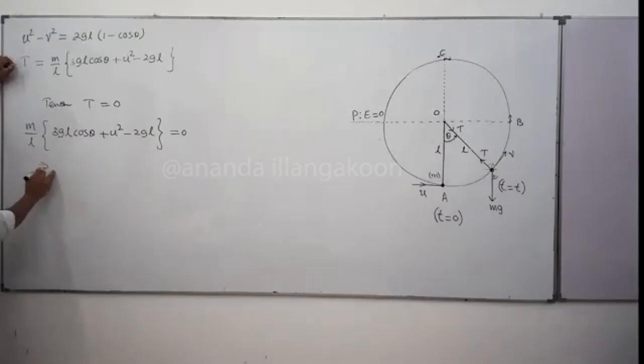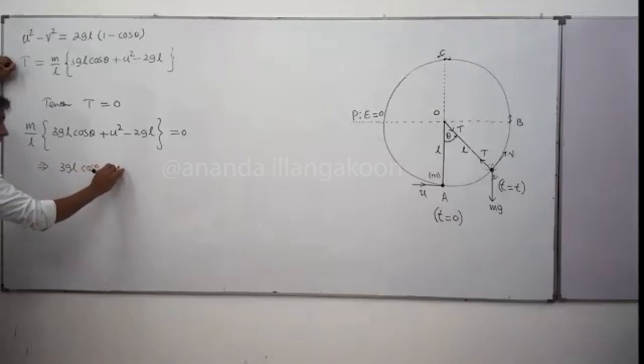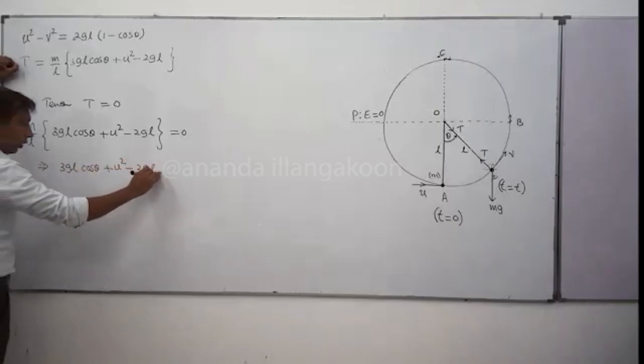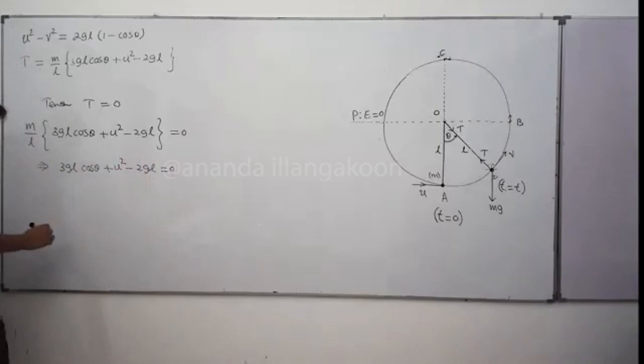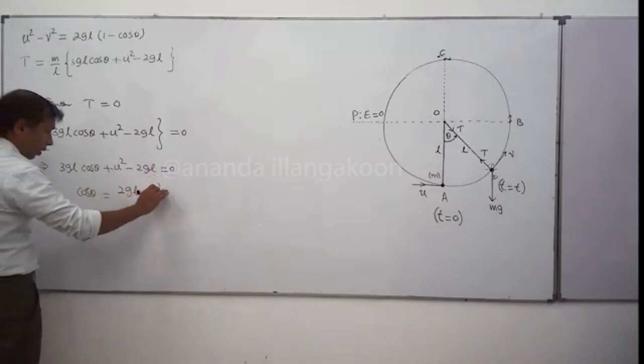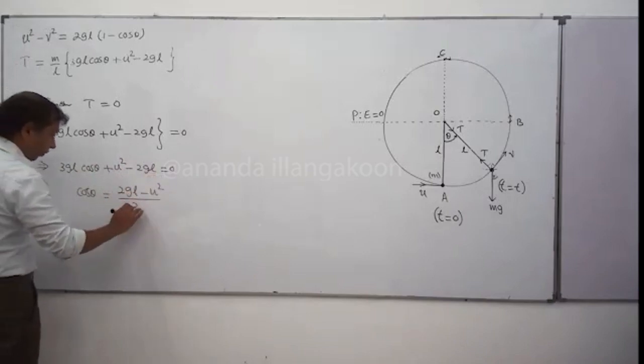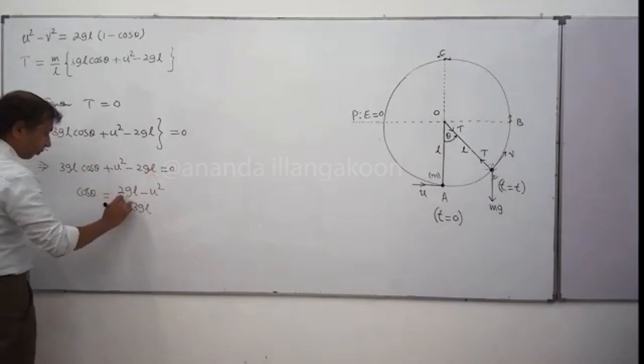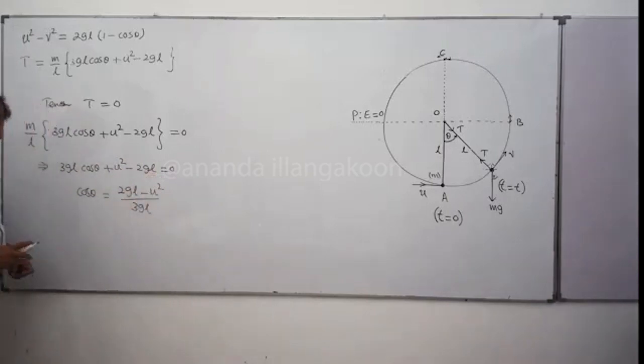This gives us 3GL cos theta plus U squared minus 2GL should be equal to 0. Then solving for cos theta, taking this to the right hand side, cos theta equals 2GL minus U squared divided by 3GL.